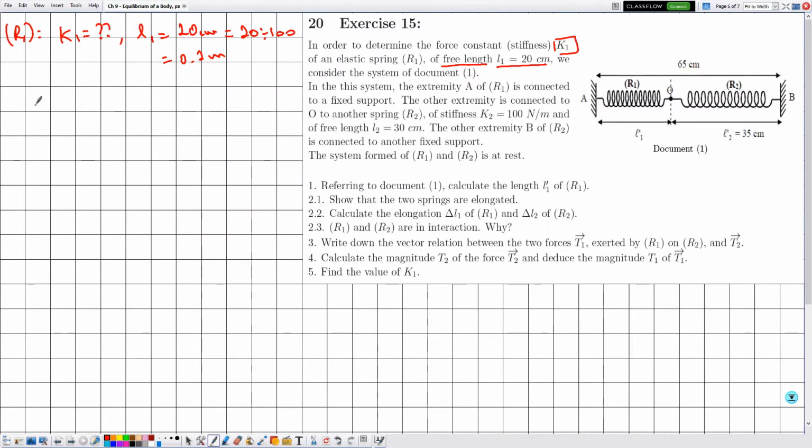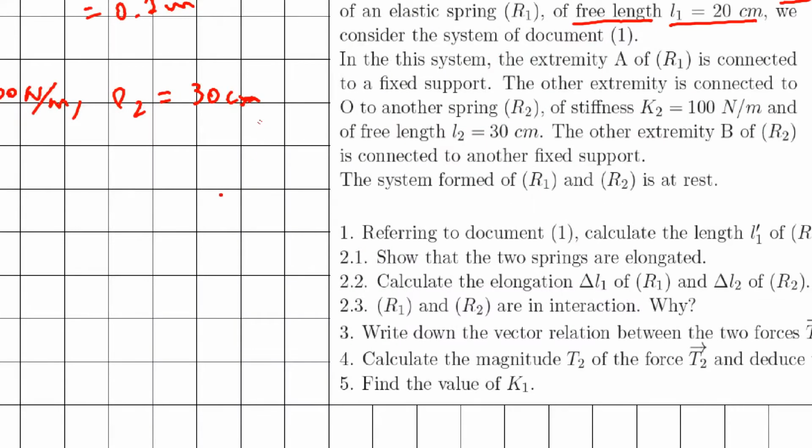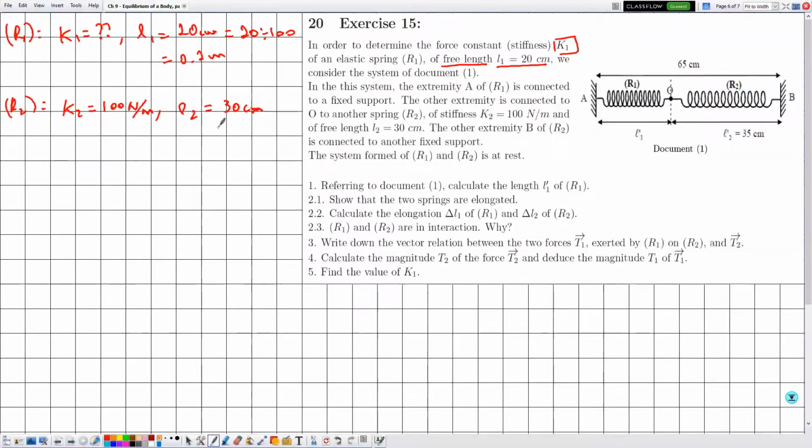So let me say that here we have another spring R2 given by K2 is equal to 100 Newton per meter, and of free length given by L2 is equal to 30 centimeters. Knowing that centimeters is not a unit of length, in order to convert from centimeters to meters, we divide by 100.